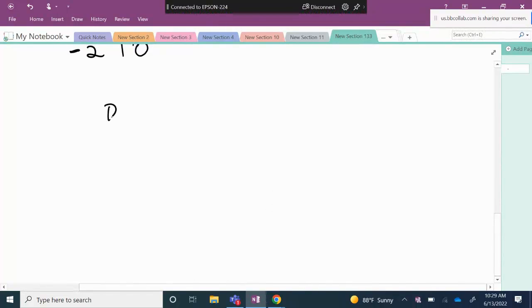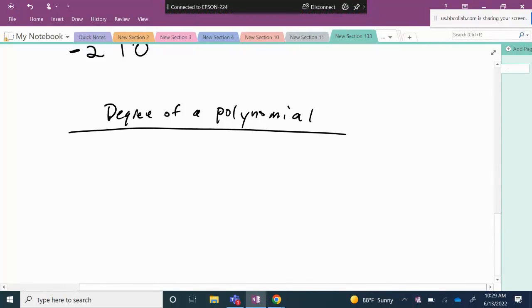All right, next we have the degree of a polynomial. Okay, so we talked about the degree of an individual term. The degree of an individual term would just be the value of the exponent on that variable.